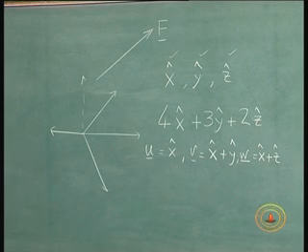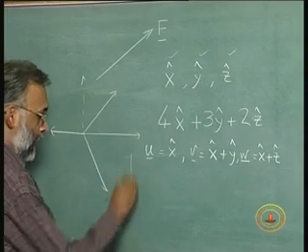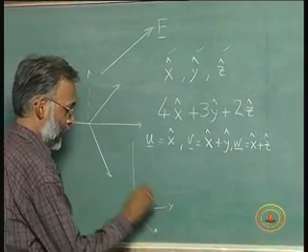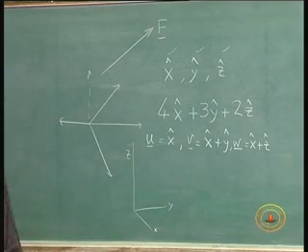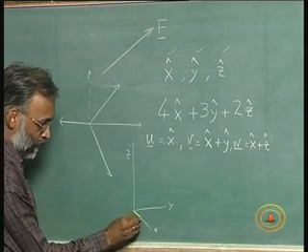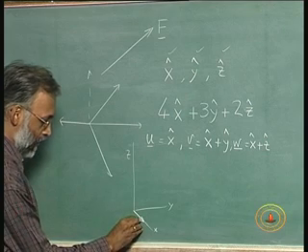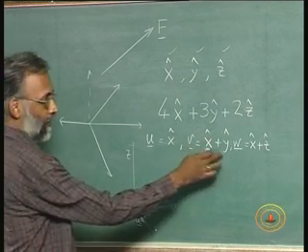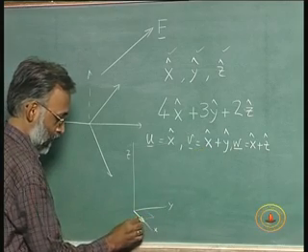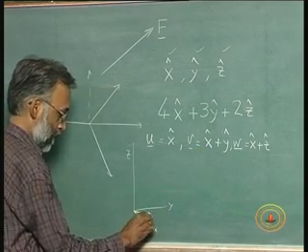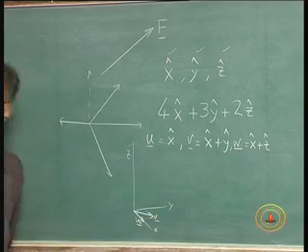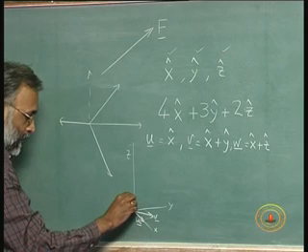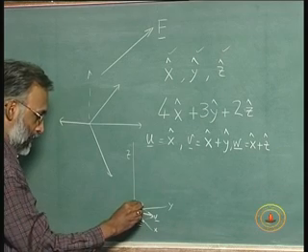So, if I had to draw them, this is what it will look like. I have a coordinate system, this is x, this is y, this is z. My vector u is this. My vector v is actually this way, and my vector w, I have to draw a square this way.